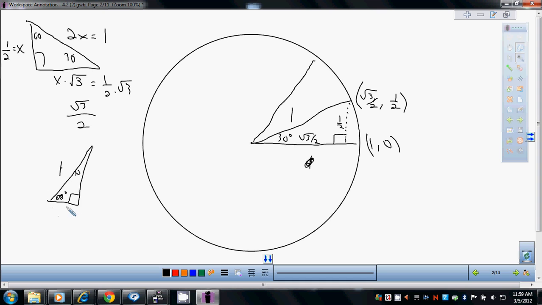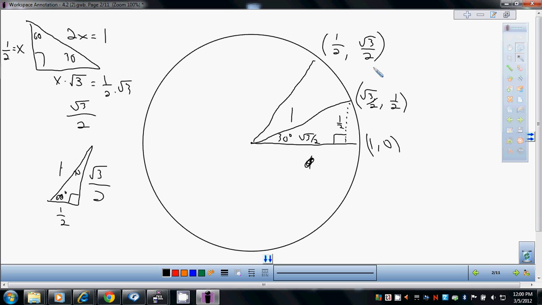Now my short leg is this horizontal component, isn't it? Which has a measure of what? 1/2. Just like over here. Short leg is still 1/2. And the long leg is radical 3 over 2. Same thing it was back in our original example. The only difference is on this one, the short leg is the horizontal part, and the vertical part is radical 3 over 2.